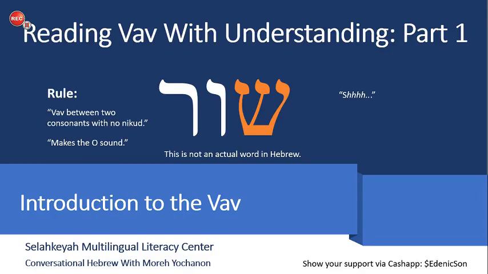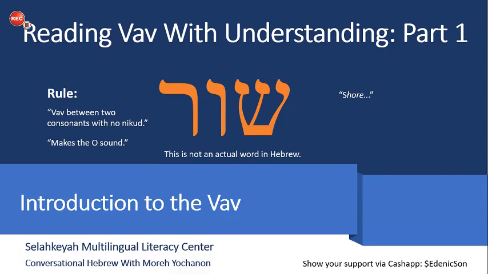So we put it together. You have sh, o, r, shore, shore, shore. Okay, so this is what you have, shore. What you have here is shore.